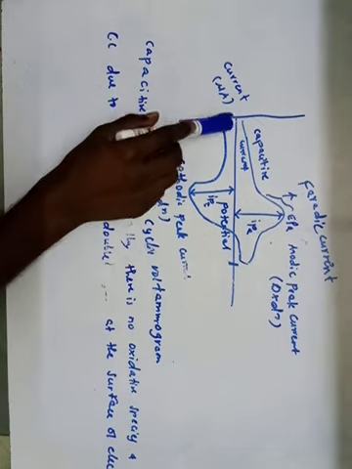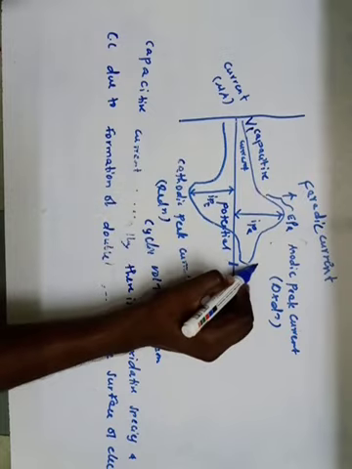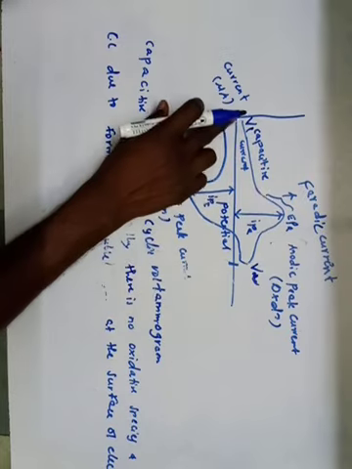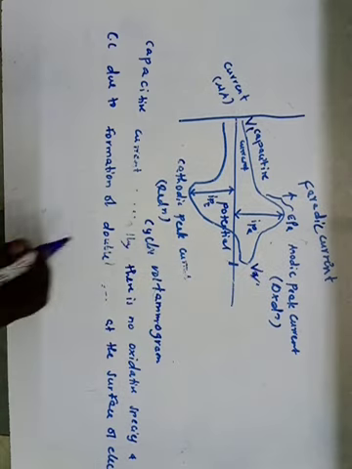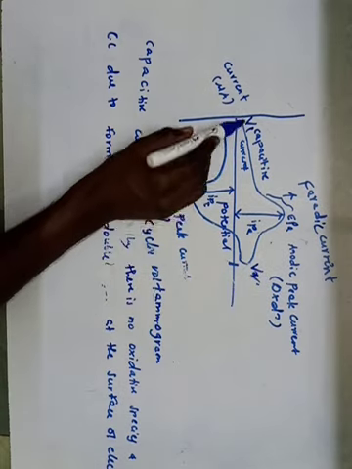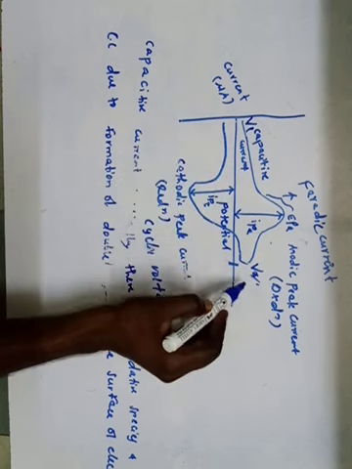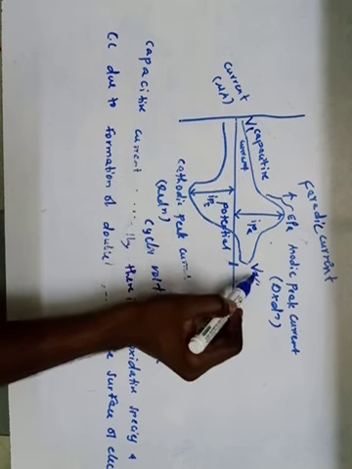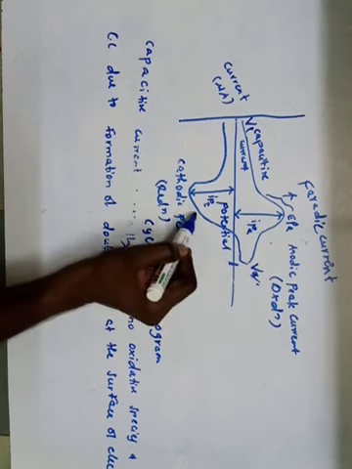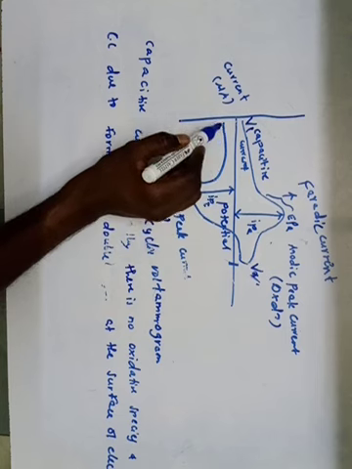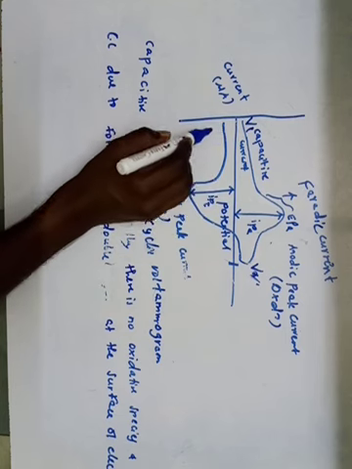Here V1 is the initial potential and V2 is the switching potential, where the ramp is reversed and goes back to its original potential value, V1.